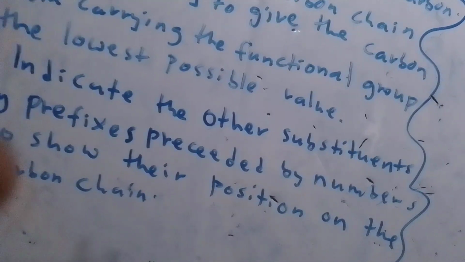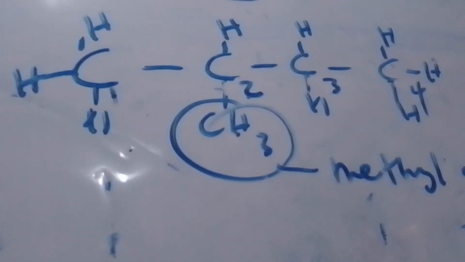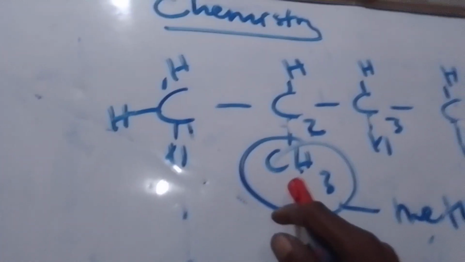Okay, now what we are saying there is that if we have other substituents, a substituent can be an alkyl substituent, like in this case we have a methyl substituent here. Substituent simply means a side chain, something that is not part of the parent compound. It's just an attachment. So the substituent in this case is what?